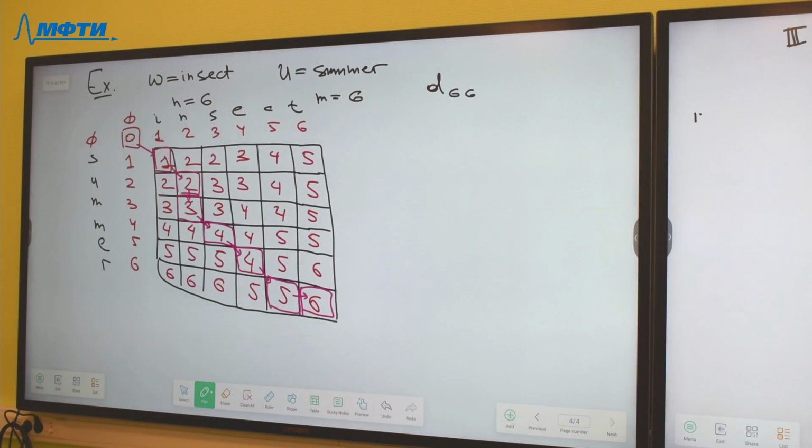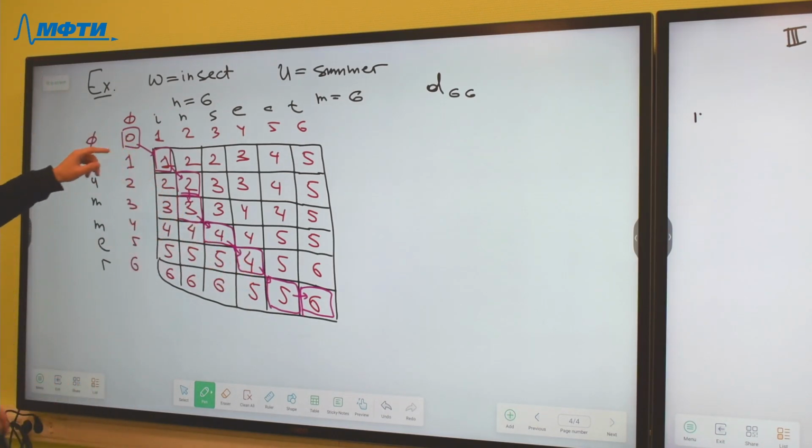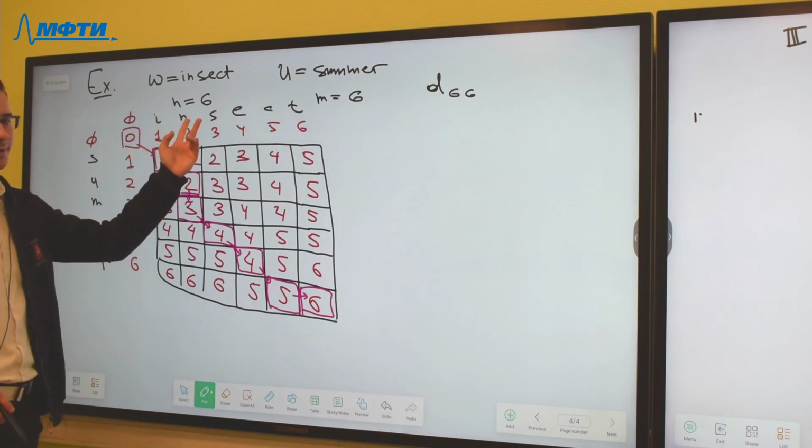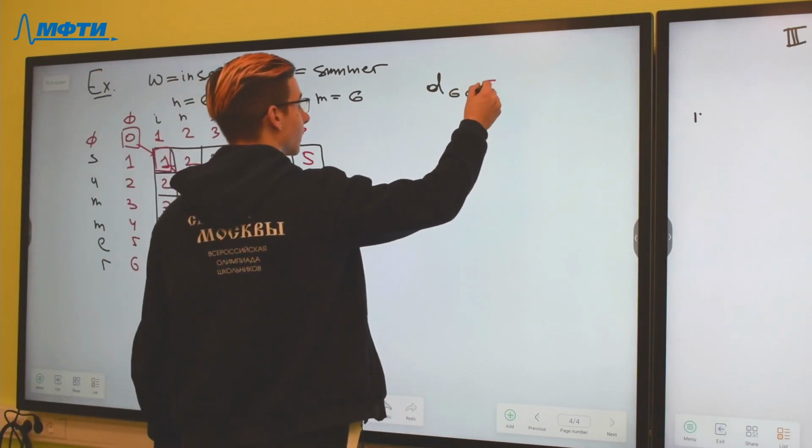So if I find this way, I can write these words with the empty characters to understand how we find the distance between them equal to 6, I think.